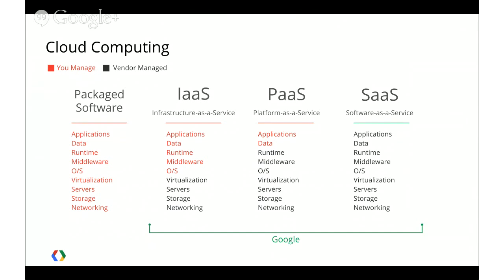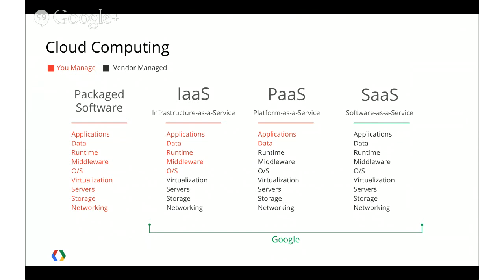When we talk about cloud computing, and you can see this is our focus today, is what Google can provide. It ranges from infrastructure as a service all the way up to software as a service. So starting with infrastructure as a service, you at least don't have to manage your networking gear, your storage, and your servers, and the virtualization layer. That's all provided for you and managed typically by someone else, in this case, Google.